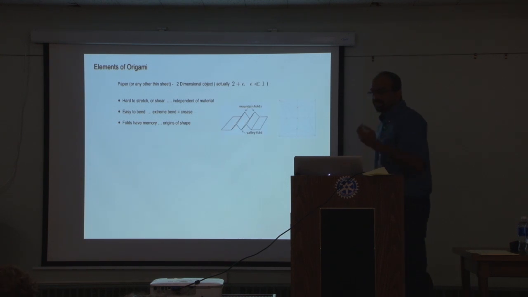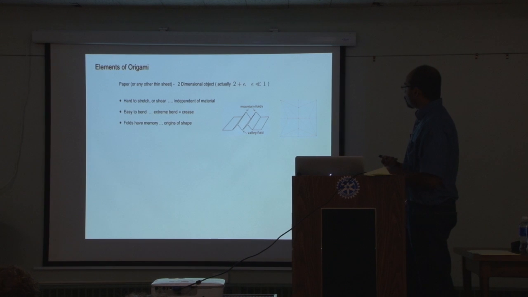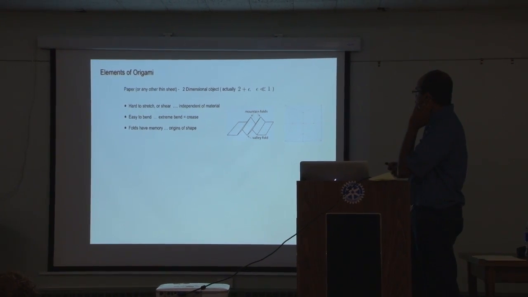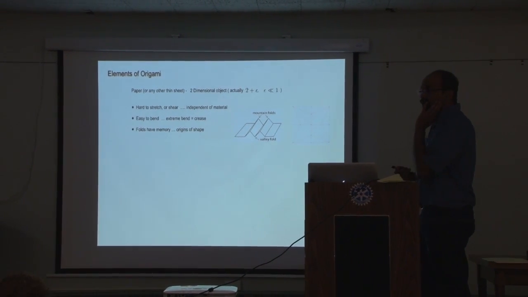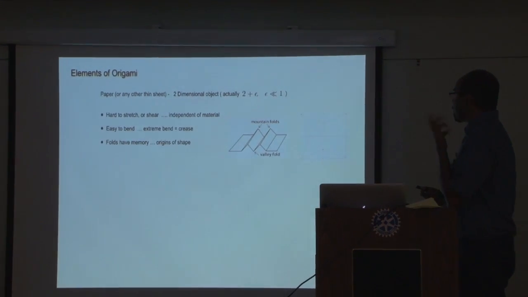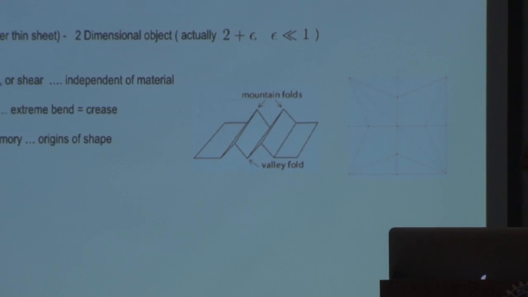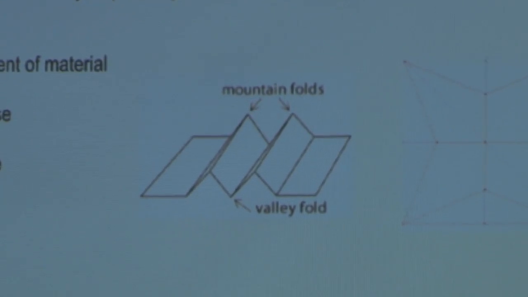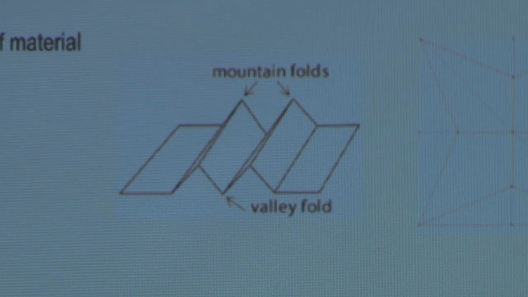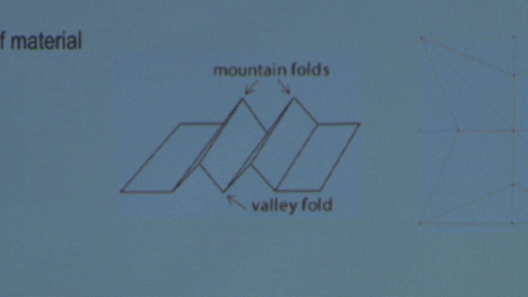And there's one bit of terminology, which if you open any origami book, you will find very early on, which is what are the fundamental units of origami. And the fundamental units of origami are basically mountains and valleys. And in fact, you can really think of them as the same, because every mountain becomes a valley, and every valley becomes a mountain when you flip it around. And if you look at the structure, I'm sorry that this picture is faded a little bit.